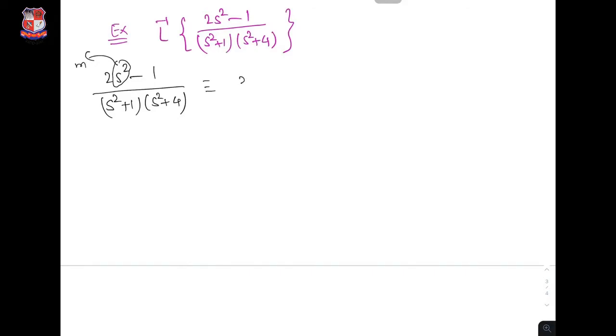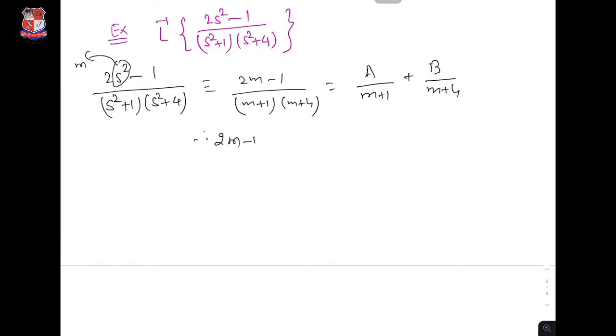So this is nothing but (2m − 1) over (m + 1)(m + 4), and you can write this as a over (m + 1) plus b over (m + 4), and therefore 2m − 1 equals a(m + 4) plus b(m + 1).